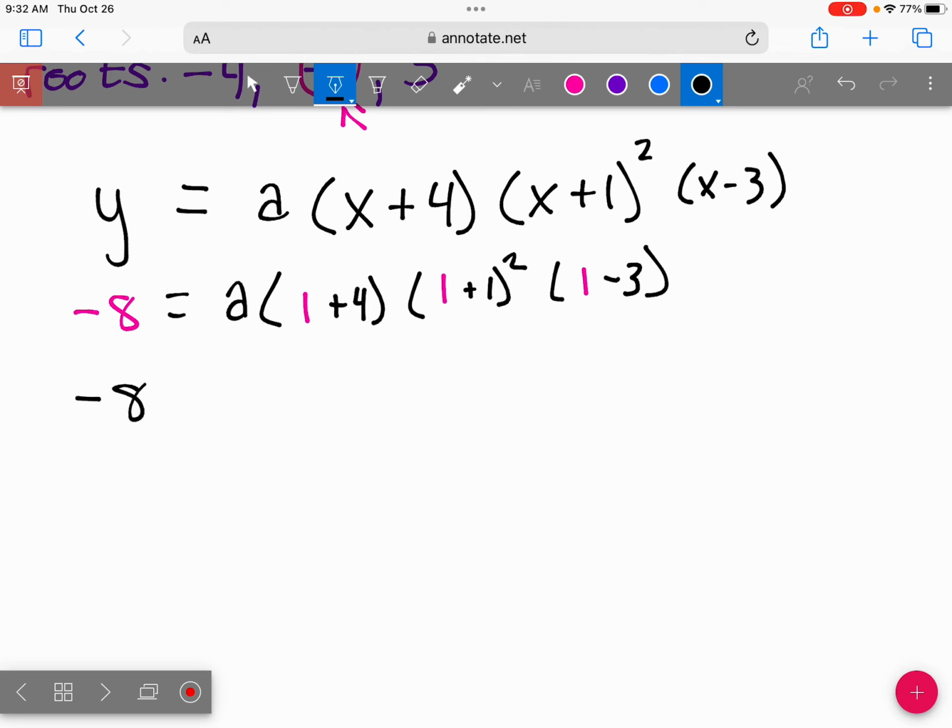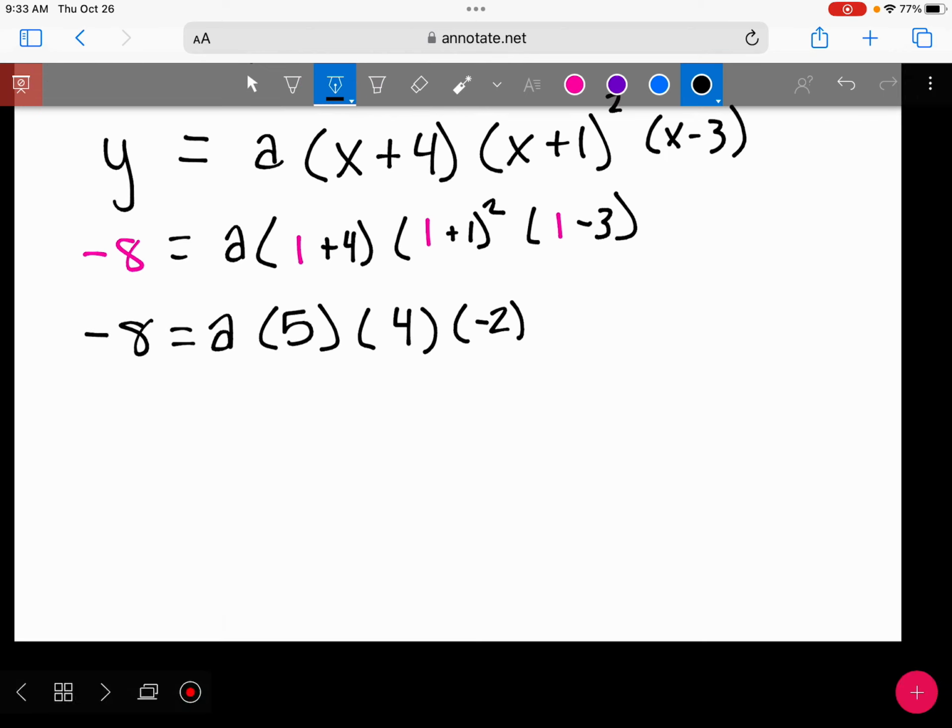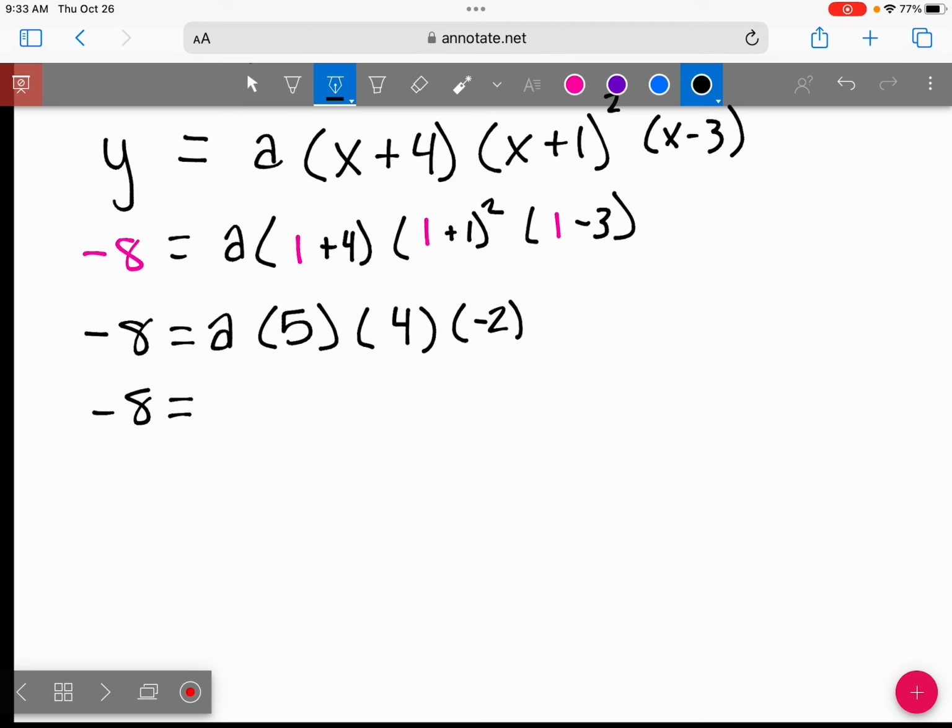So we're going to have that -8 equals A times, and we're going to simplify these. 1 plus 4 gives us 5. 1 plus 1 is 2, squared is 4. 1 minus 3 is -2. All right, so then we have -8 equals A times 5 times 4 times -2.